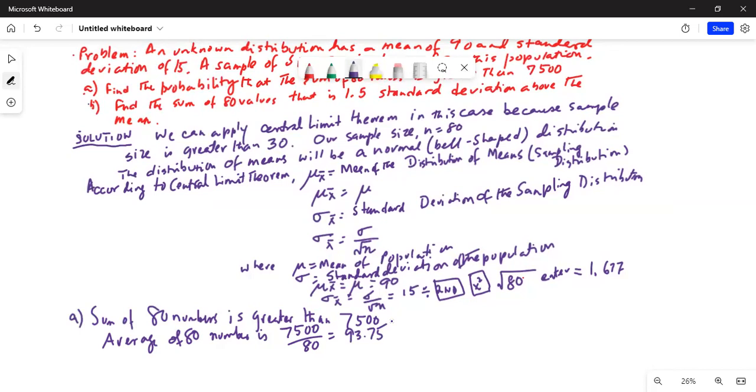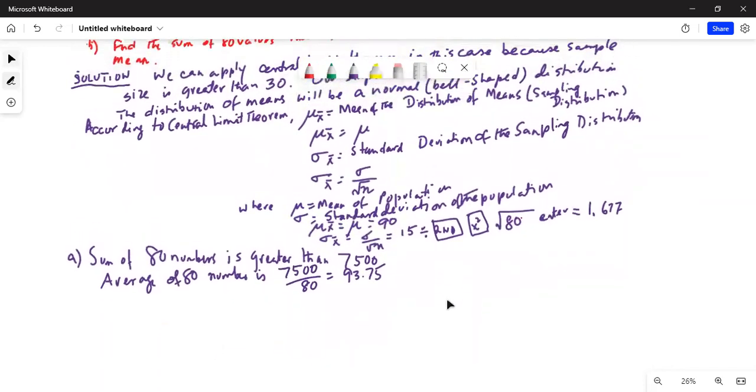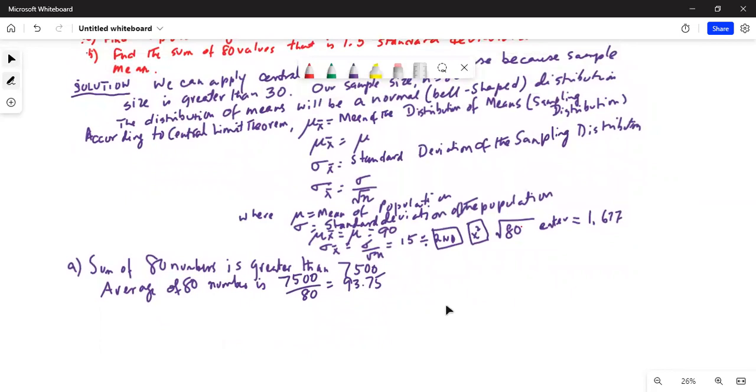Let me create some more space, and I will draw the diagram. So this is the diagram. Mu x bar at the center is equal to 90, and sigma x bar is equal to 1.677.